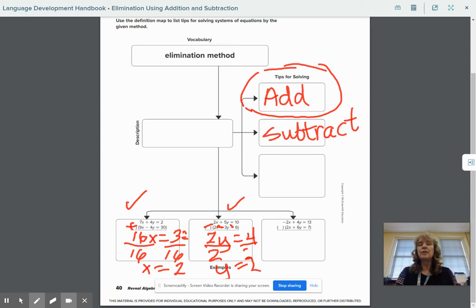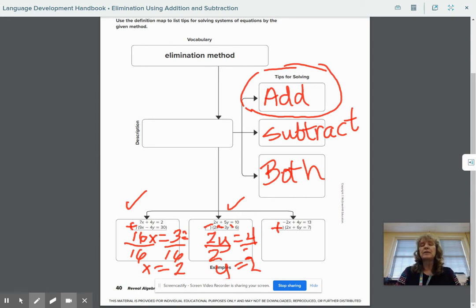Now you'll notice that you can eliminate the x's in this equation, so you're going to add. But now they want you to solve for both after you have found the answer for x and y. So they want you to solve, after you've solved for one of the variables, they want you to go back and substitute it into the original equation. So this one's going to take a little bit more time.